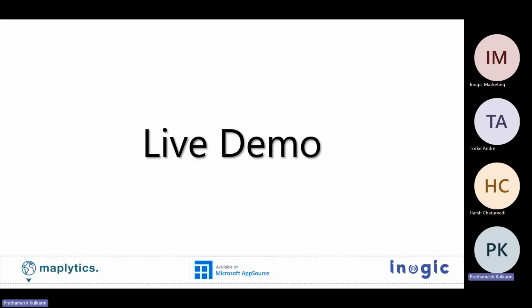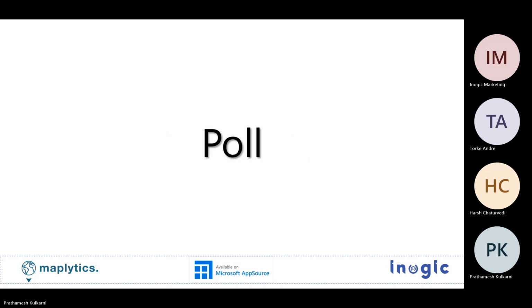I'll just start the poll. In this poll, I advise all the present members of the webinar, please let me know which was your most favorite feature that I demonstrated. That would help me to present it better from next time, and I can assist you with that particular feature as well.